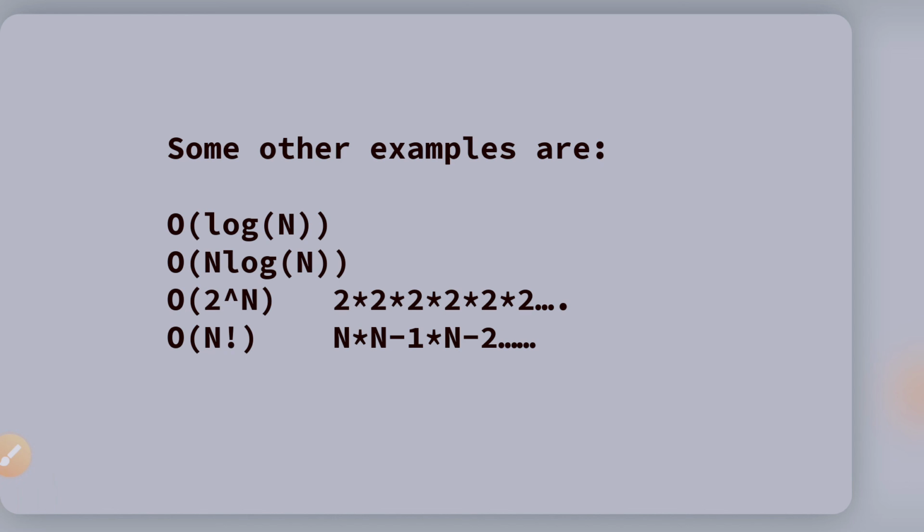The other one is n log n, which comes between linear time complexity and order of n square. The third one is order of 2 to the power n. It is quite a big time complexity, but the other one is simply the largest one, I think: order of n factorial. You can see, guys, n cross n minus 1 up to 1. So we will almost avoid using this in future.